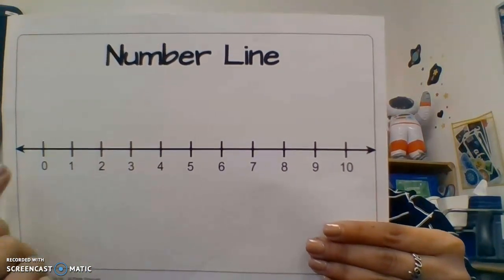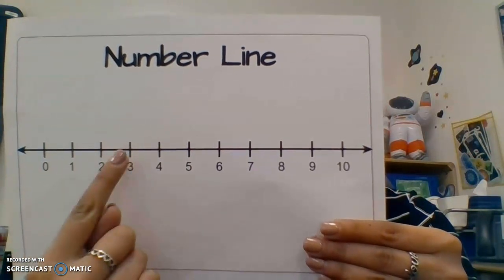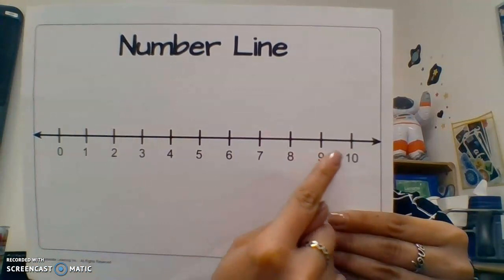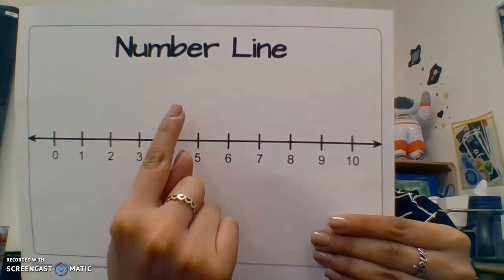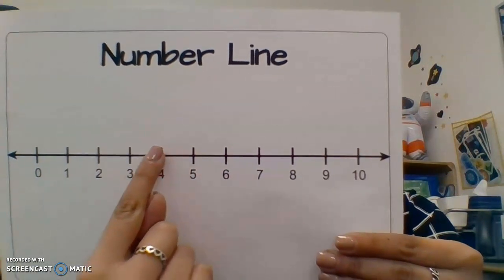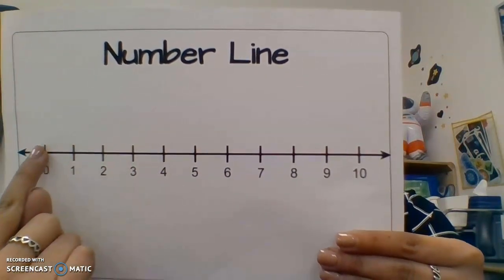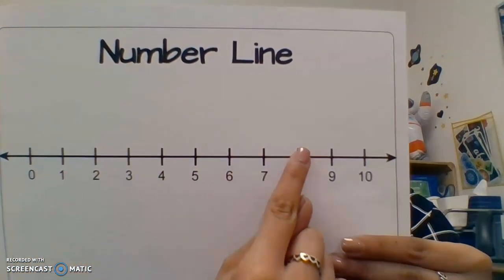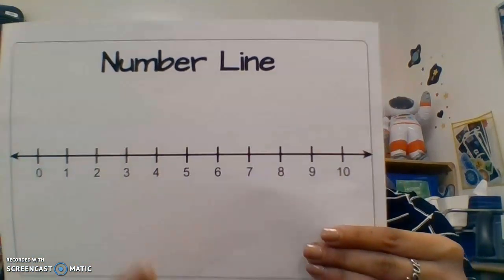Second, the smaller numbers go to the left and they get bigger as they go to the right. So let's look at 5 right here. 5 is in the middle. If we go to the left, the numbers get smaller. And if we go to the right, the numbers get bigger.